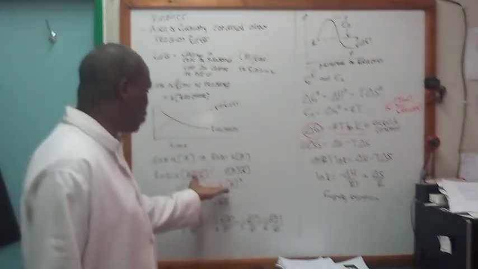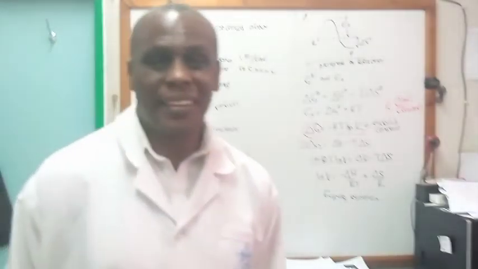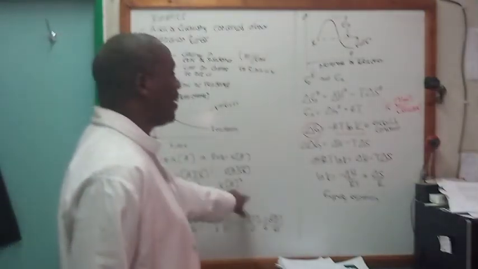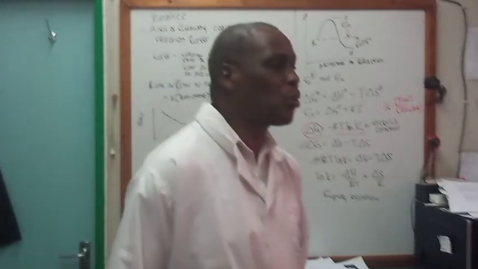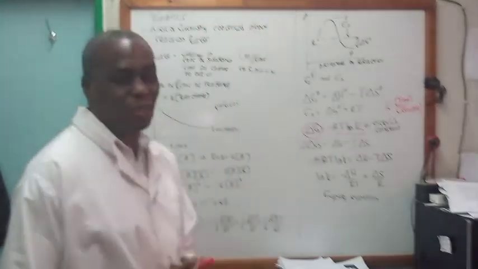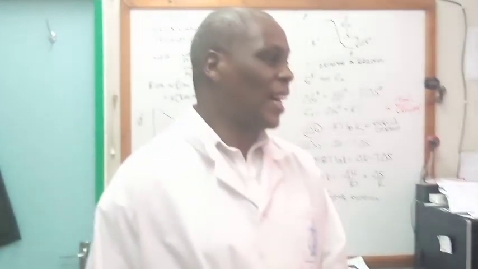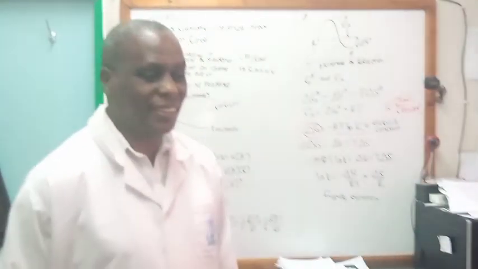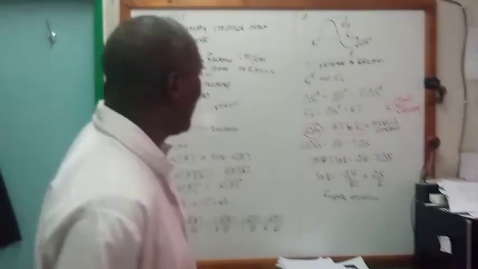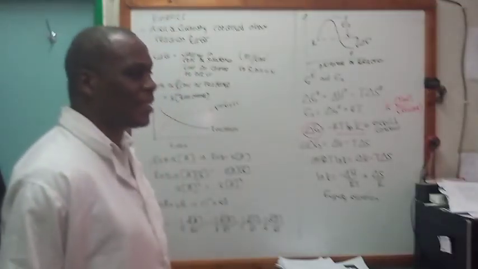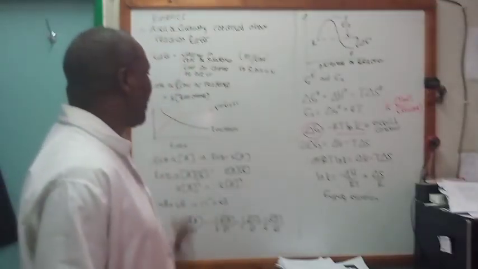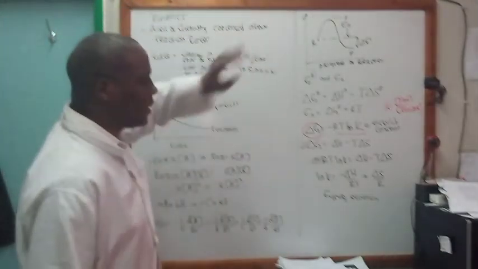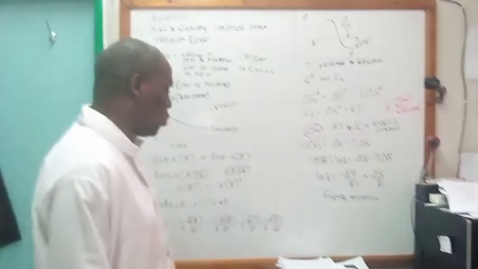It's going to be related to the rate constant, and somebody who was plotting the rate constant for certain reactions versus temperature got a certain relationship which I'm going to see later.